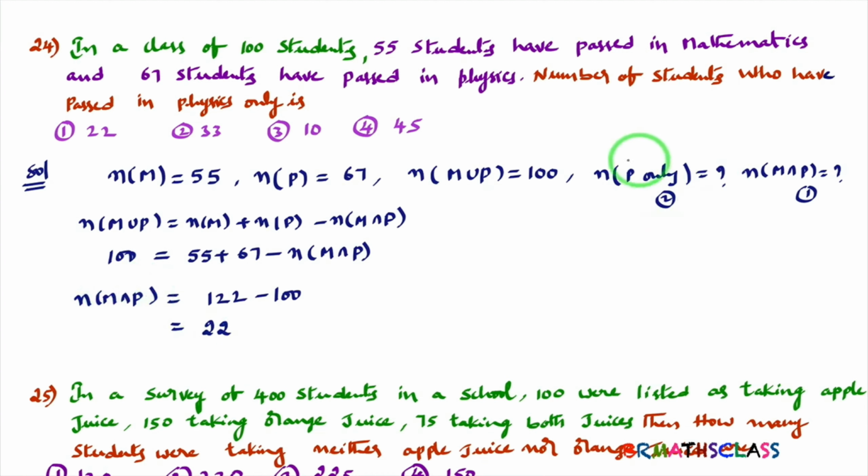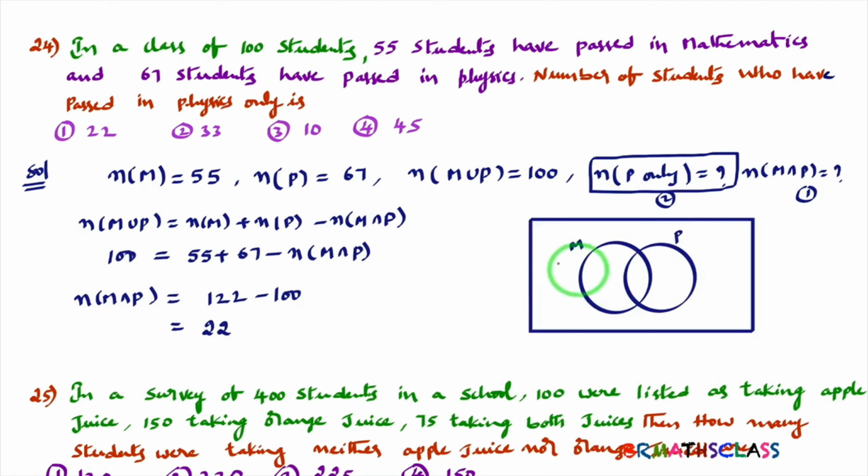Okay, what are they asking here? They are asking to calculate the number of students who passed physics only. To understand this, the Venn diagram plays a very important role. You observe here, I have drawn a Venn diagram. What is this zone? This zone is M intersection P. We got that M intersection P is 22, right?